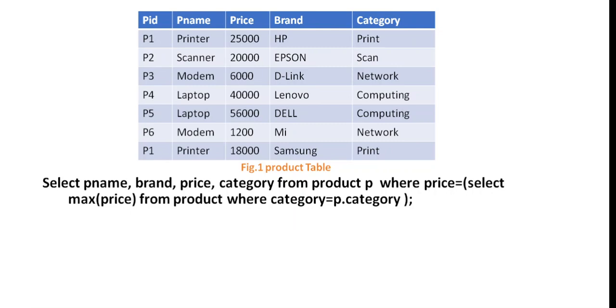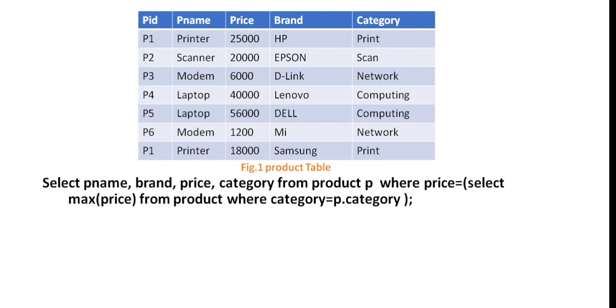So when you look at the print category, you have two products, and out of these two, the first product, that is this HP brand, has a higher price than this Samsung brand. So here I will display the information for the HP brand.